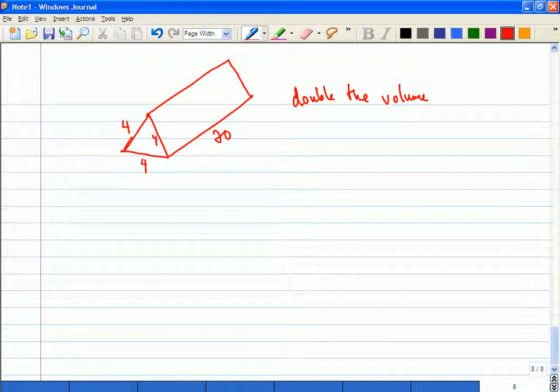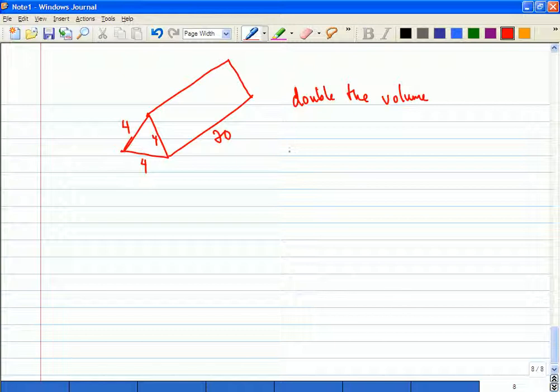So what happens when you mess with volume? What happens in the scale factor? What are you doing with it? How many times do you see the scale factor in volume? 3 times, so you're cubing it, right?